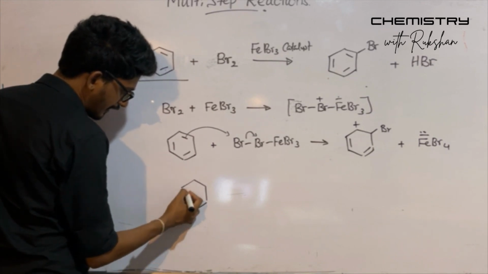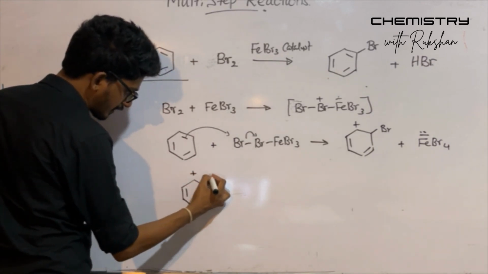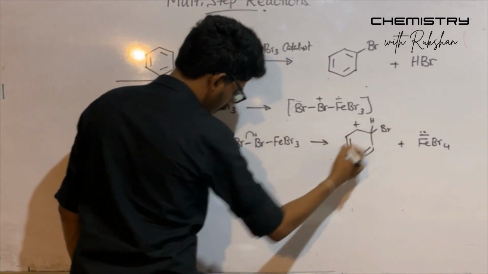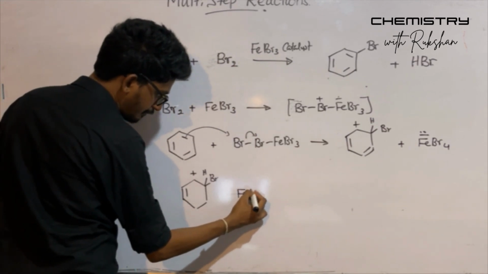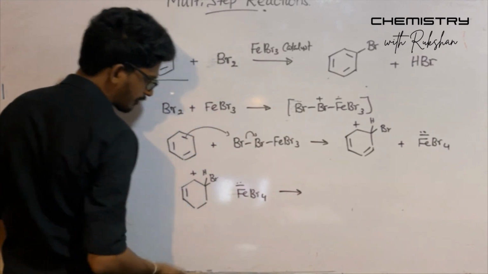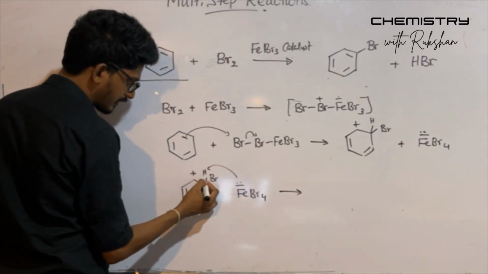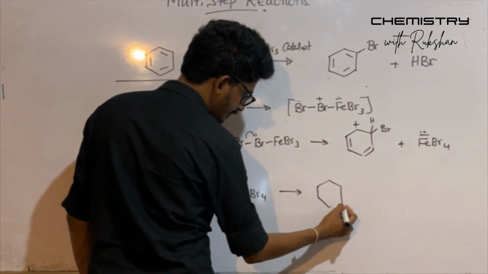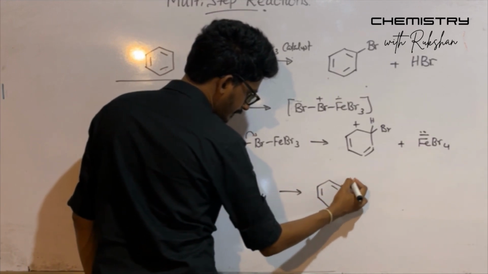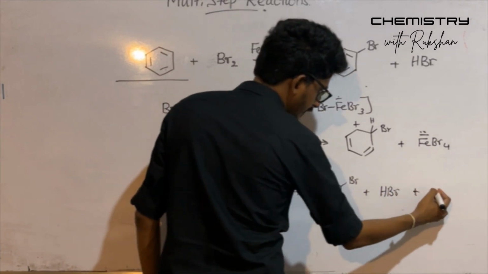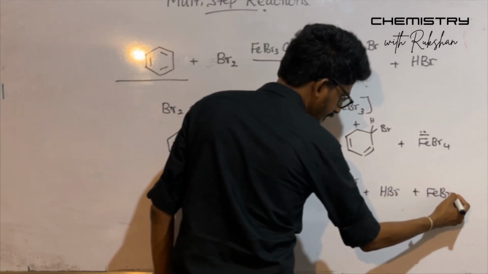This is actually an example of a multi-step reaction. So FeBr4 minus ultimately reacts with those, and here this stuff will happen, ultimately giving you this product, the HBr and the FeBr3.